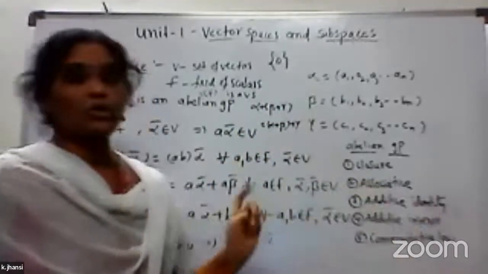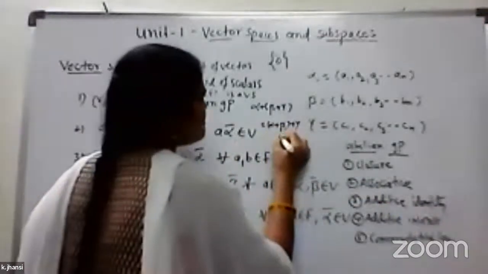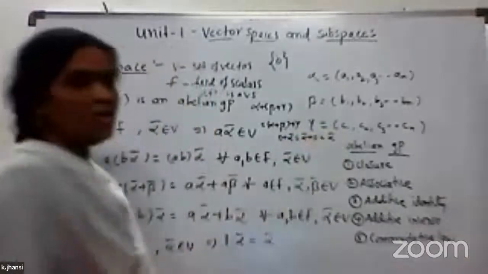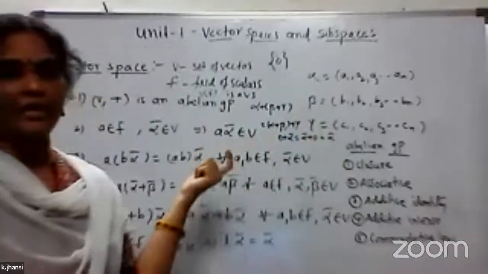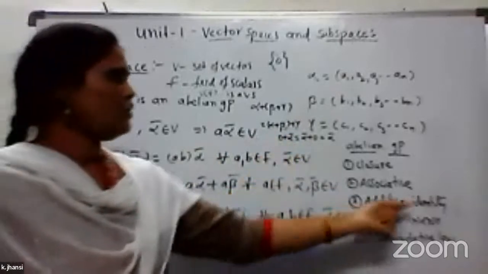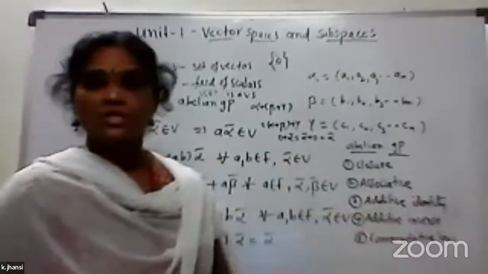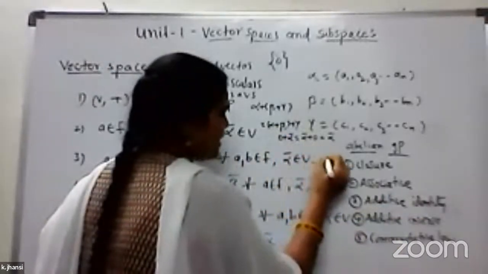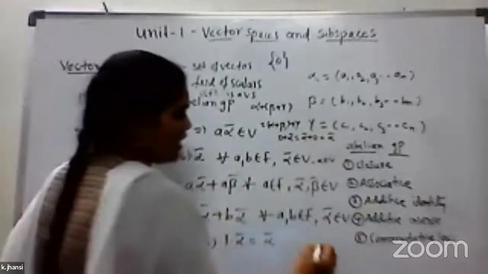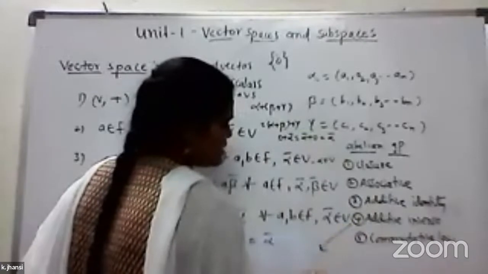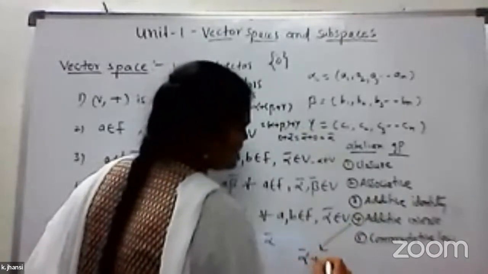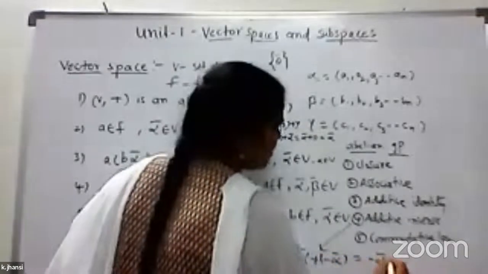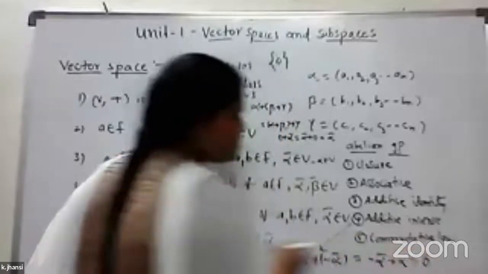The additive identity means it should be in the form 0 plus alpha bar equals alpha bar plus 0 equals alpha bar, where 0 is called the additive identity. And for the additive inverse, whenever alpha bar belongs to V, there compulsorily exists minus alpha bar belonging to V, such that alpha bar plus minus alpha bar equals minus alpha bar plus alpha bar, which equals the 0 vector.